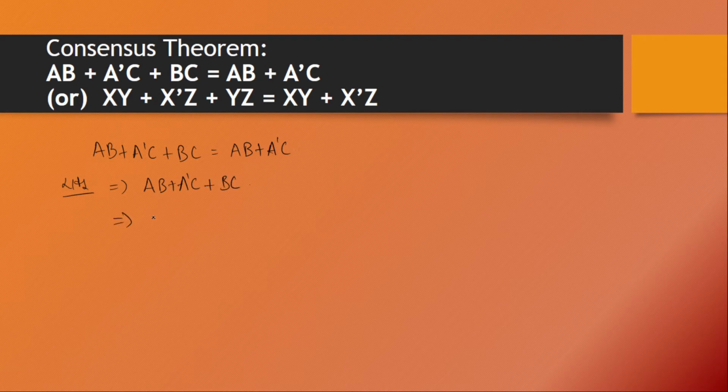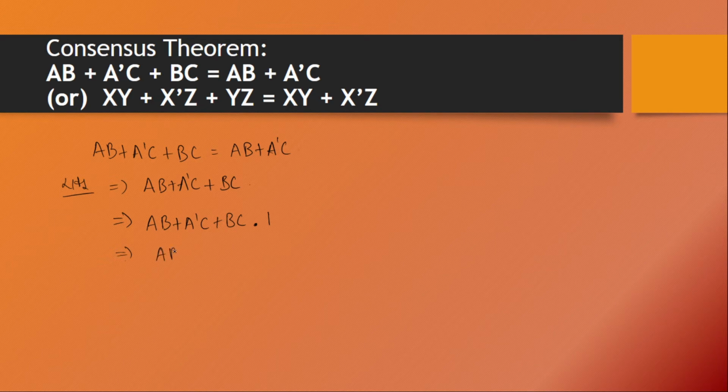What we can do here is add a value to A dash C plus BC. Instead of adding 1, I can multiply with 1. So it's AB plus A dash C plus BC dot 1. This 1 can be replaced by A plus A dash.